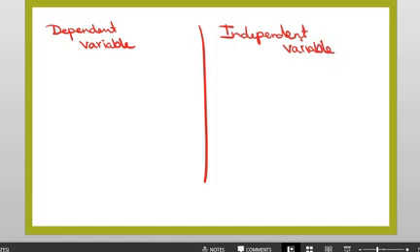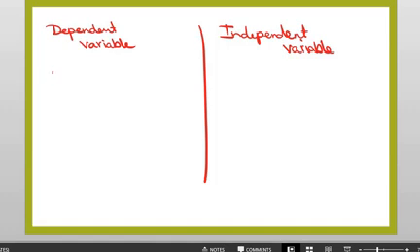Let me ask you, the score on your test, your grades on your test, is it a dependent or independent variable? It is dependent. It is controlled by something else. What controls my grades on a test? Of course, the number of correct answers on my sheet.